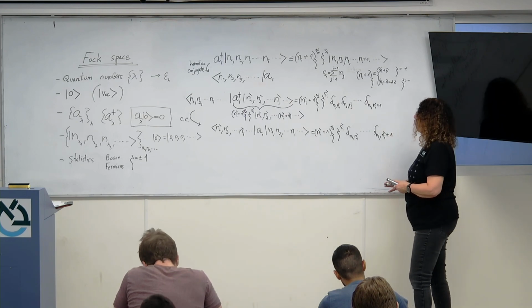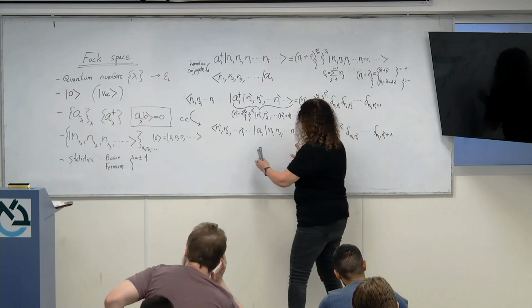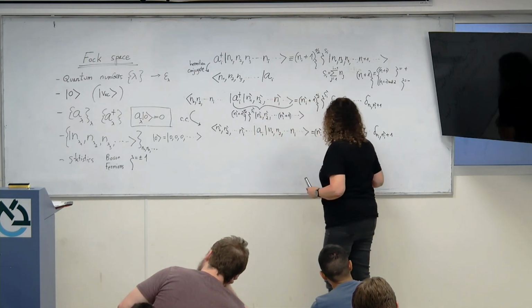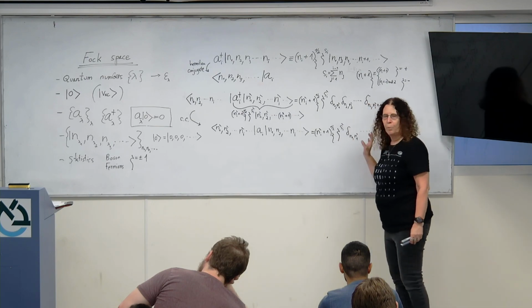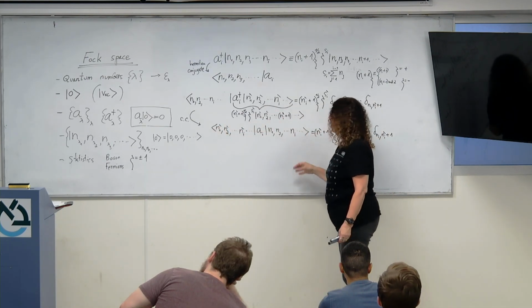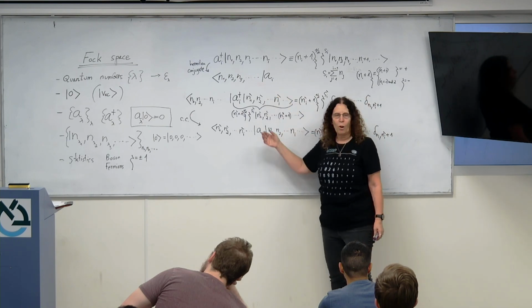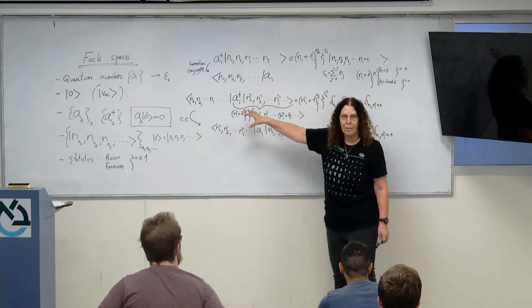Okay. Now I'm going to give you an alternative interpretation of the left-hand side of the equation. I got it from conjugating the matrix element of A dagger.